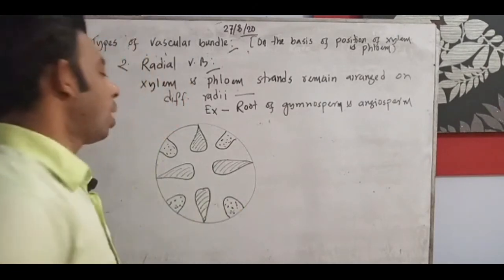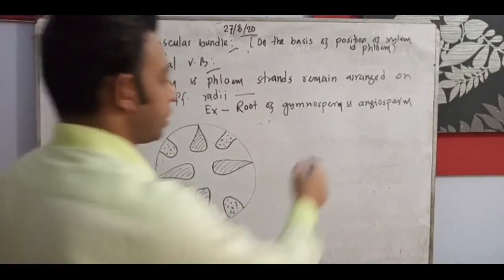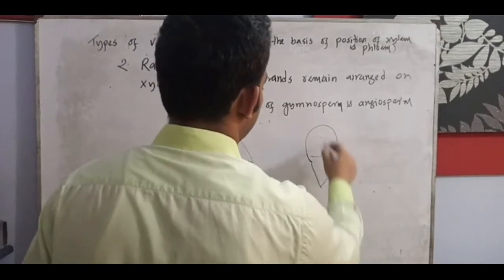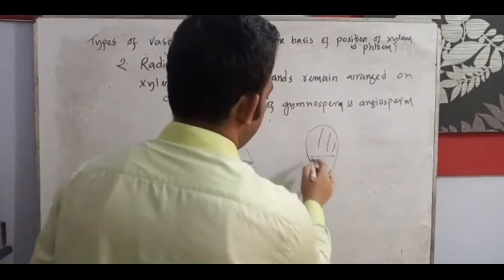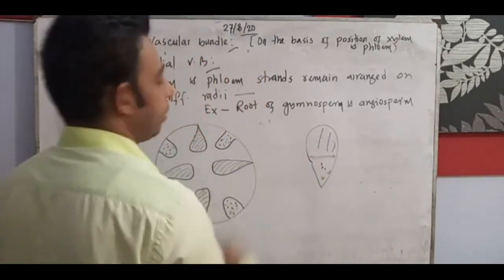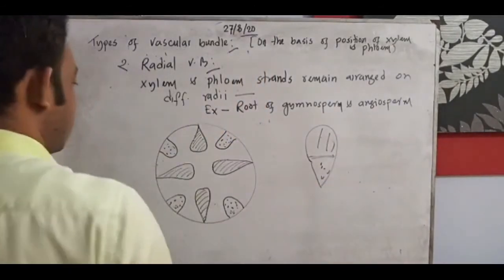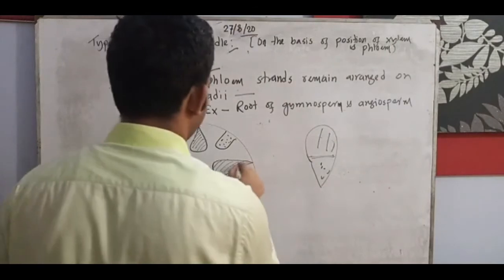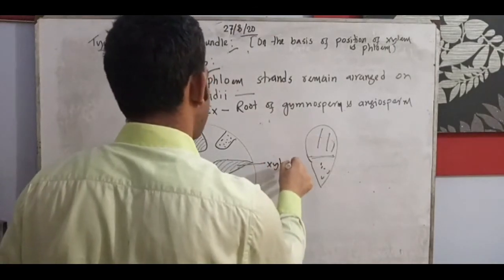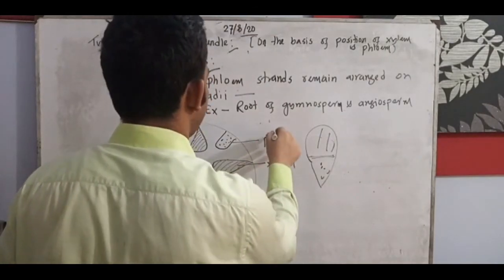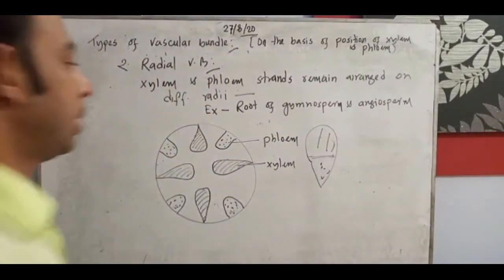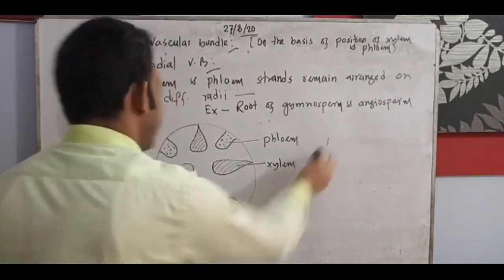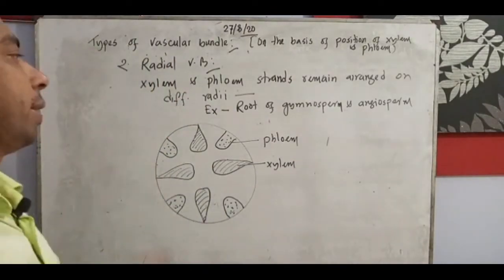That means in one vascular bundle, what we have seen before, there is the xylem or phloem like that. Here, this is the xylem and these are the phloem. They have different radii. That means they are placed on different radii. So this is called radial vascular bundle.